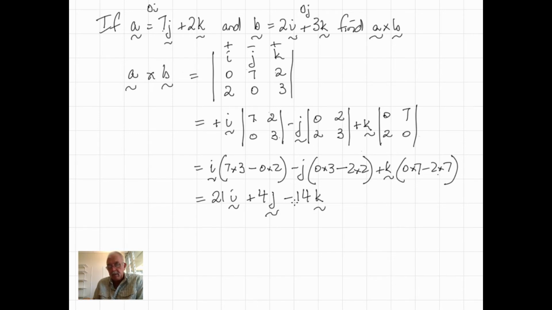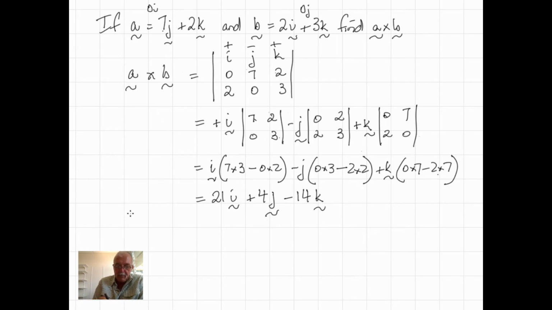So this vector is the resultant of A cross B when you do the cross multiplication of vector A, which is 7J plus 2K, and vector B, 2I and 3K. When we do the cross product, we end up with this vector.